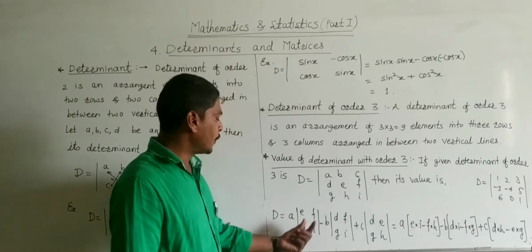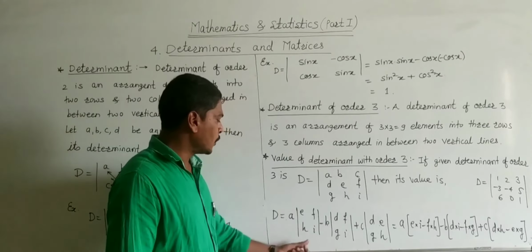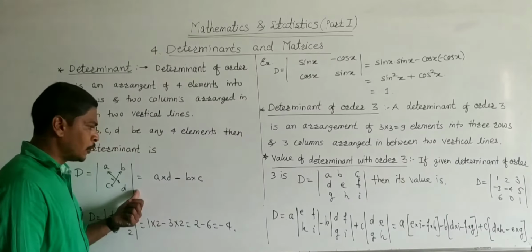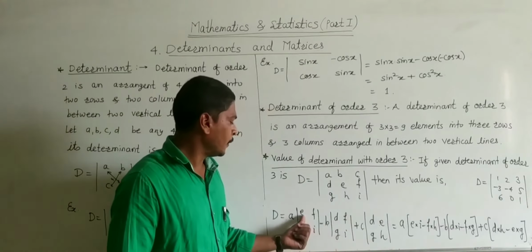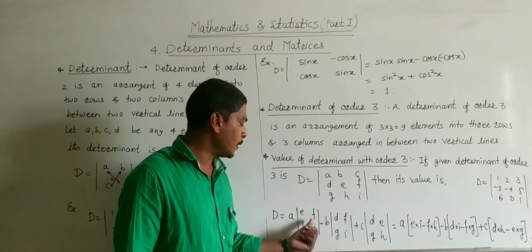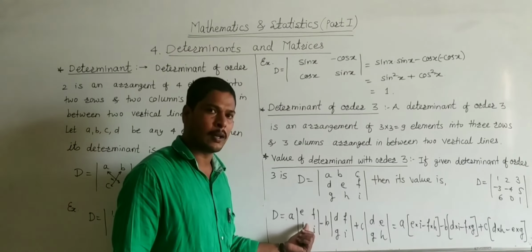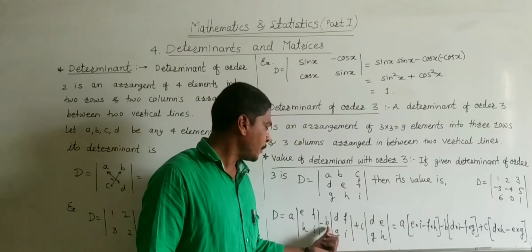And now we already know how to find determinant of order 2. So use this concept, determinant of order 2, and simplify this. We get a as it is into bracket multiplication of main diagonal elements, means e into i, minus multiplication of sub-diagonal elements, means h into f. Then minus b as it is.